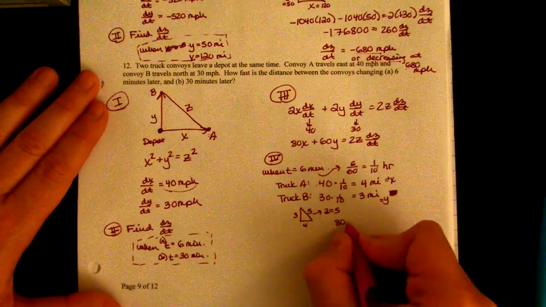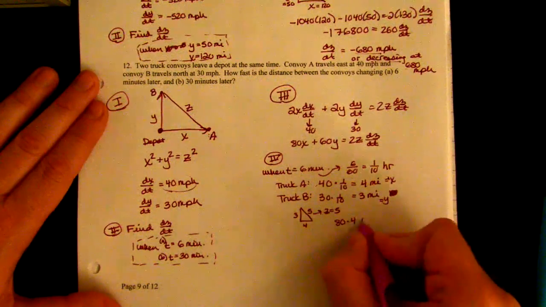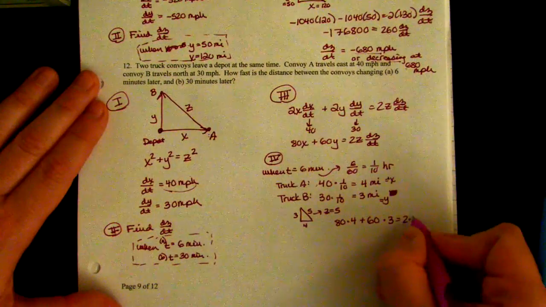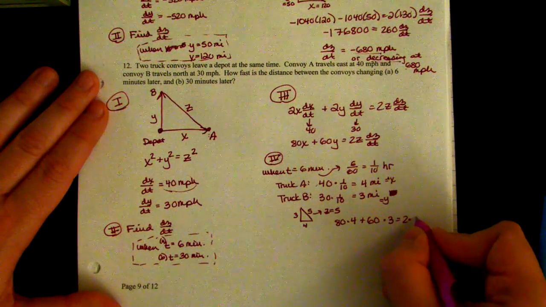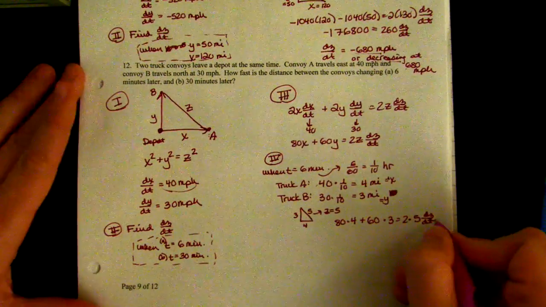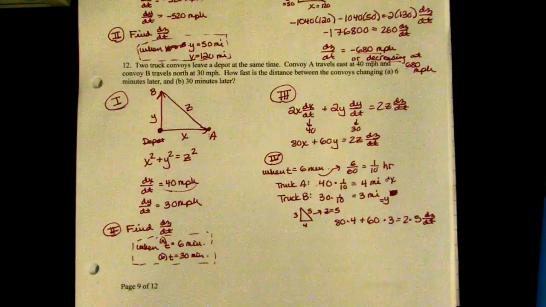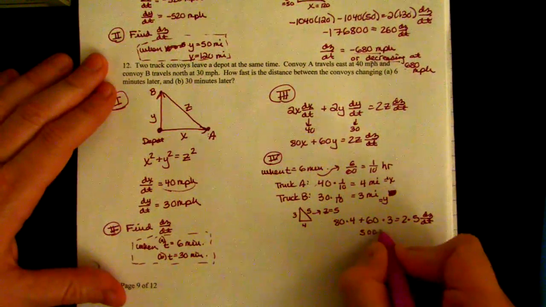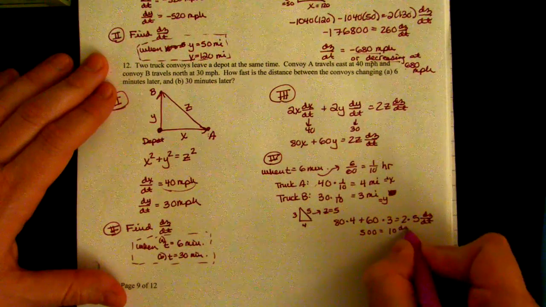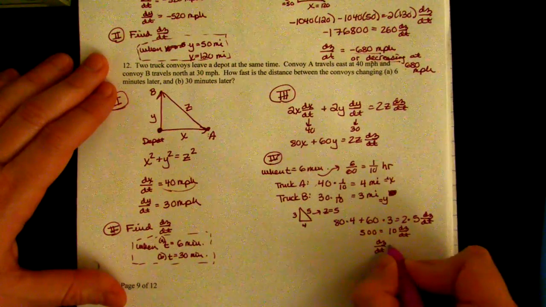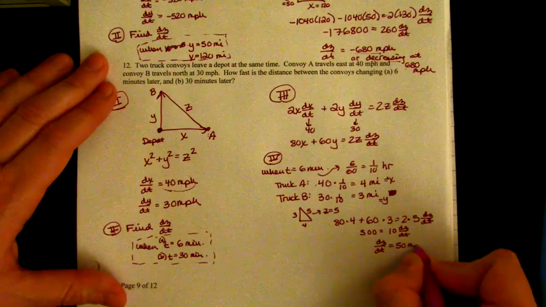Plug in, and we've got 80 times 4 plus 60 times 3 equals 2 times 5 dz/dt. This is looking like 500 equals 10 dz/dt. So dz/dt is going to equal 50 miles per hour.